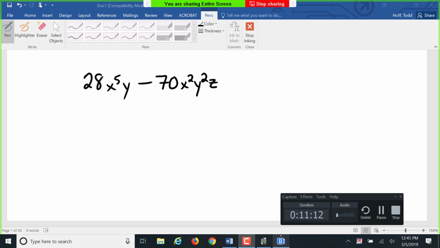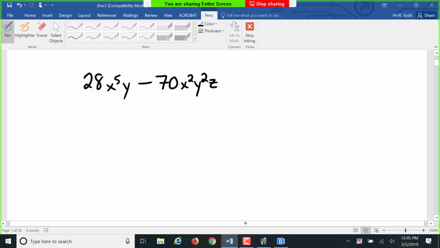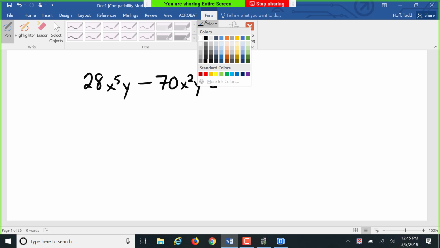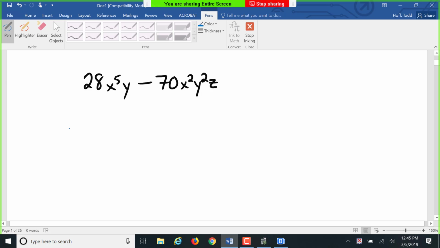So for 28 and 70, what is the largest number that divides into those? 7 will divide in, but there's a larger one. 14, good.